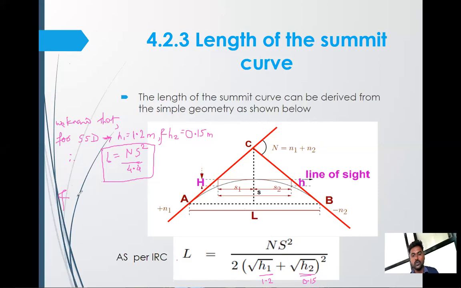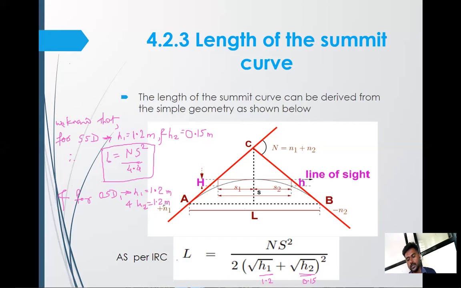Now for OSD, as we know, H1, the height of the driver, is taken as 1.2 meter, as well as the height of the object H2 is also taken as 1.2 meter.